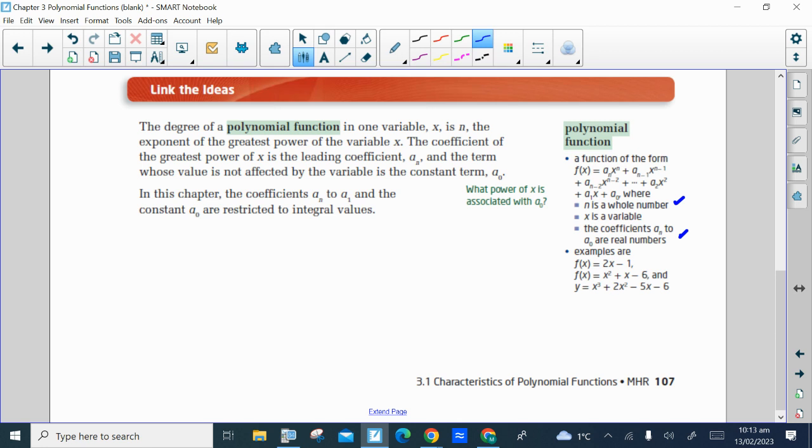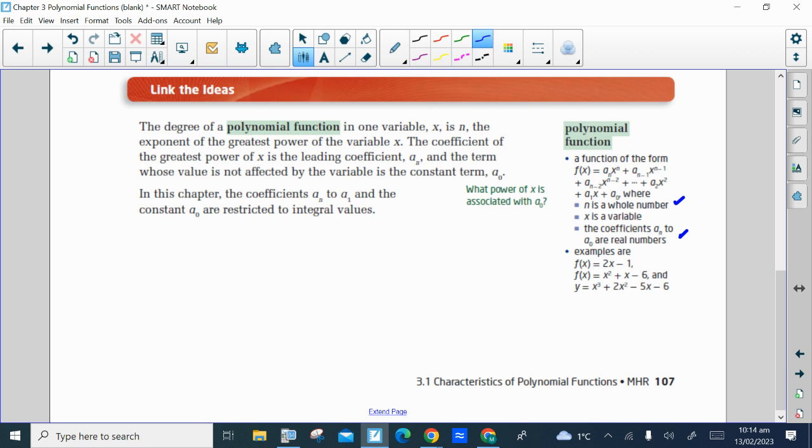The degree of a polynomial function in one variable x is n, the power on the initial term. The highest power is the degree. Now, they're not always written in order from highest power to lower. That's usually the way they're written, but not always. So you always want to check to make sure. Just do a quick scan of all the terms, but the highest power will be the degree of the polynomial function.